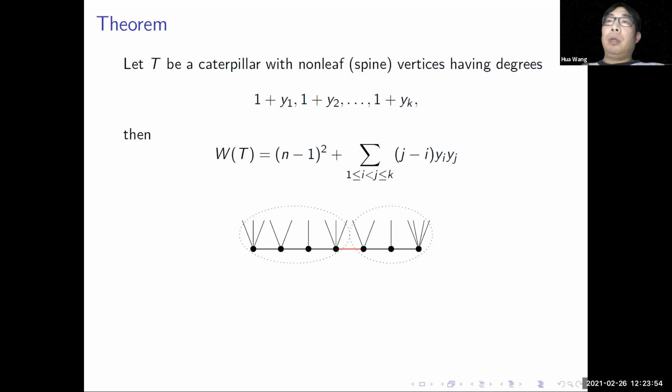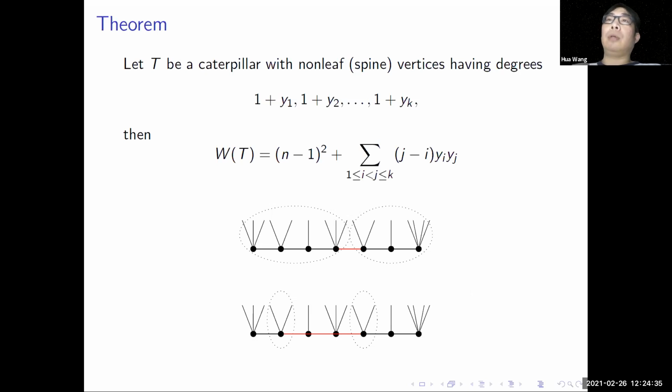But that means if you look at two bubbles here, how many times will the vertices here and there serve as the two end vertices of a path? Well, they will serve as the two end vertices of a path that contains either this edge or that edge or that edge. In other words, it will be used for this many edges. And this is where the j minus i comes from, and this yi times yj comes from the number of vertices here times the number of vertices here. I did skip some technical details, which is why we also have a constant term there. But this is the basic idea.